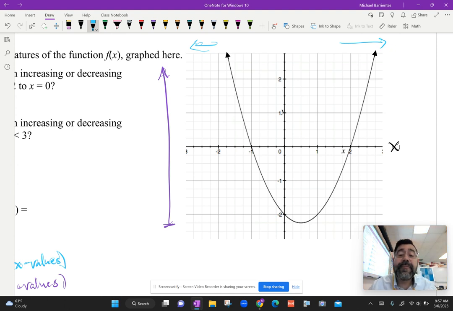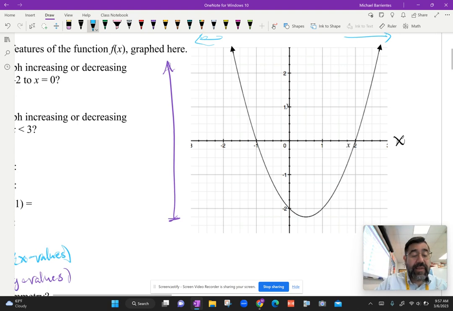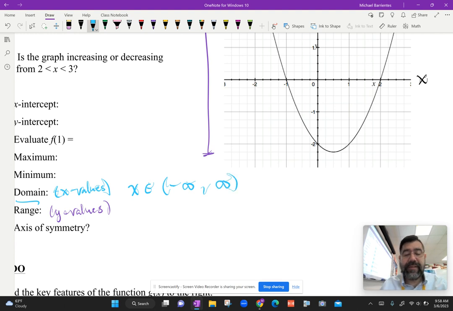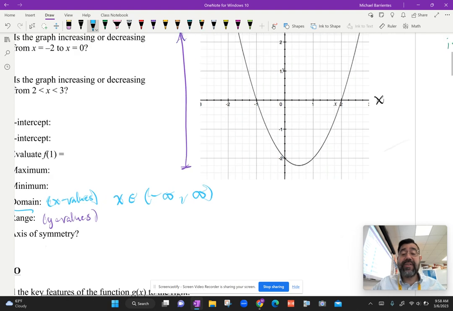So when I'm looking at this graph, we know that the graph goes up forever, but we also notice that it's angling out. And so when I'm looking at the graph, not only is it going up, but it's going out forever. And so that means that if I'm going to use interval notation, I'm going to say on x's that are a part of from negative infinity to positive infinity. That's where the domain is because that's where the x values of the graph exist.